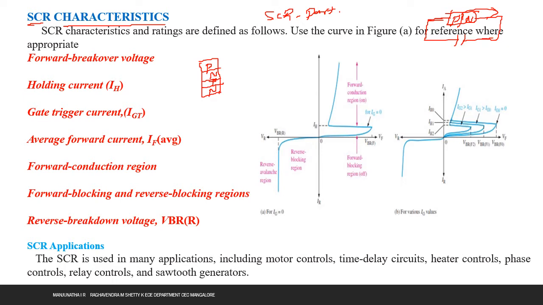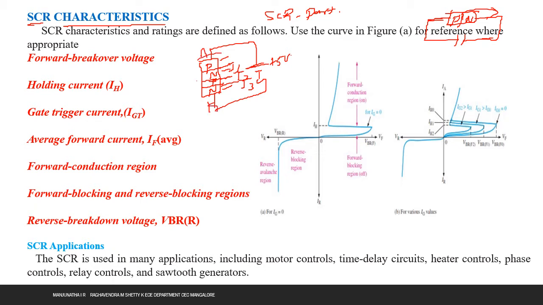Same thing here. Instead of two layers, we have four layers, P, N, P and N, and also we have three junctions, junction 1, junction 2 and junction 3, which I have already discussed. I can break down these junctions in two different ways. One is by applying some external source, some positive voltage, between anode and cathode.